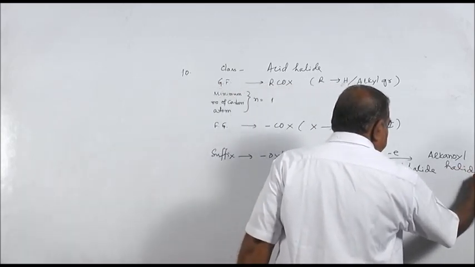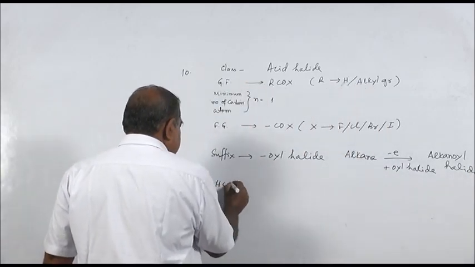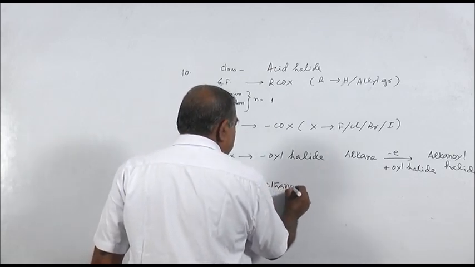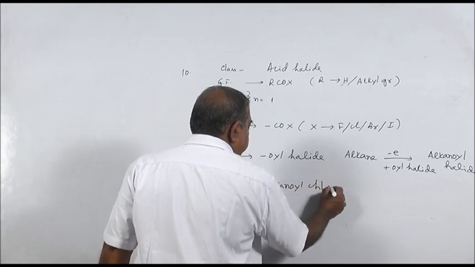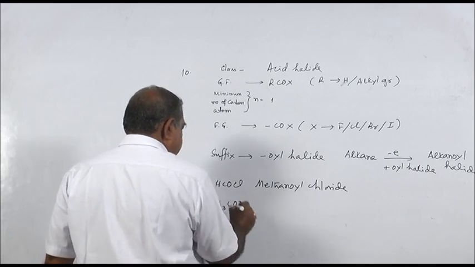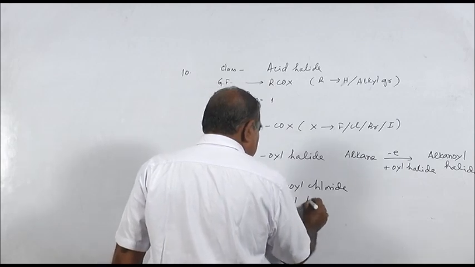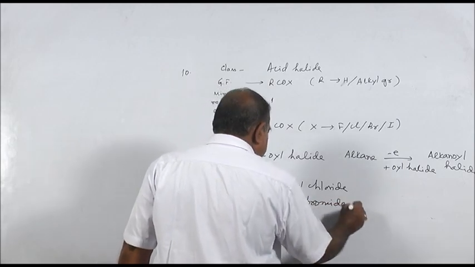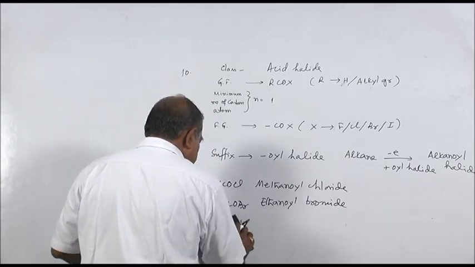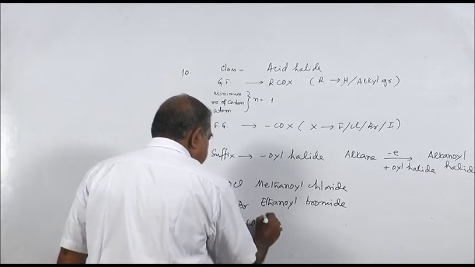Alkanoyl halide. A few examples I am giving you. Say HCOCl, methanoyl chloride, or CH3COBr, ethanoyl bromide, or CH3CH2COI, say with iodine.